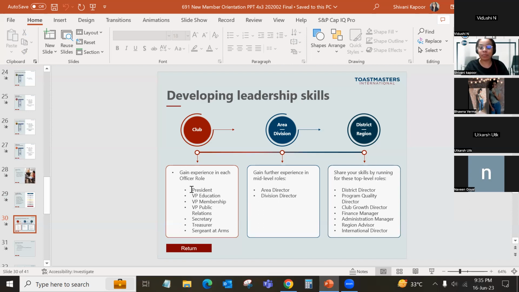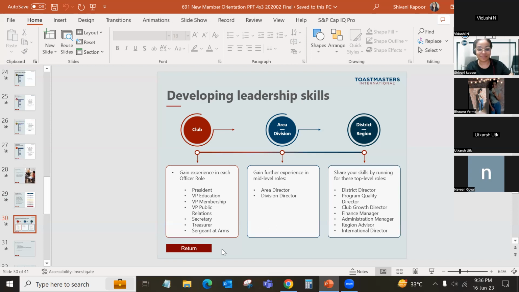Now in a club, there are different roles like you can see here: president, vice president education, vice president membership, vice president public relations, secretary, treasurer, sergeant at arms. How many of you have heard which of the roles till now the most? Or you know what their role is?